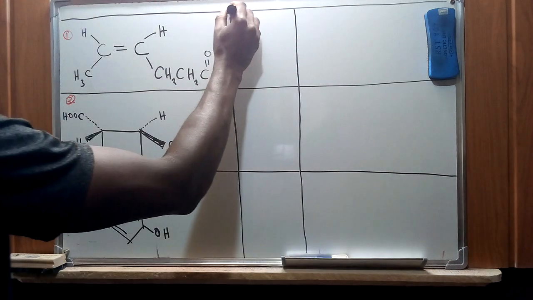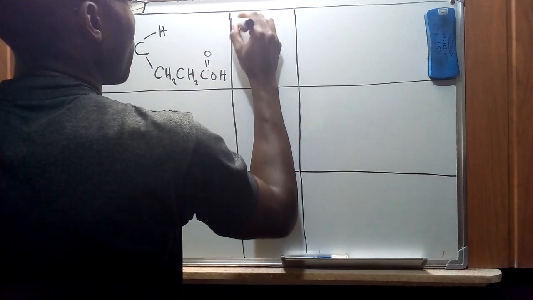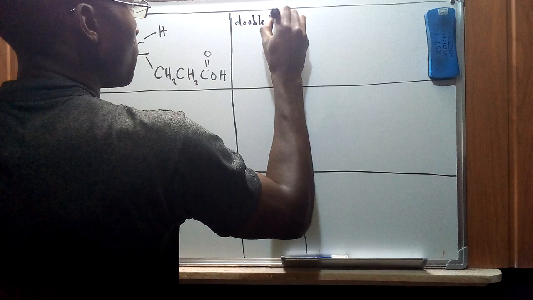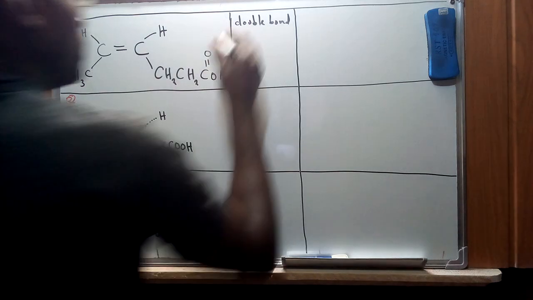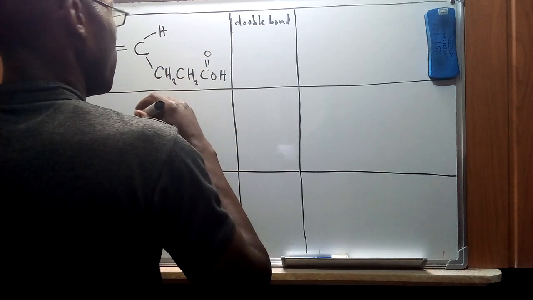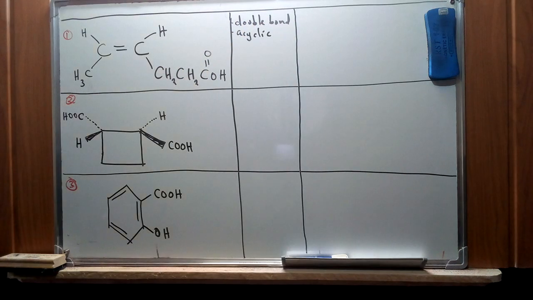So for the first one, if we try to look at it, there's what we call a double bond. This gives us a clue that this specific molecule contains a double bond. Then we are going to identify that this is acyclic, which means it does not have a cyclic or ring structure in its structure.